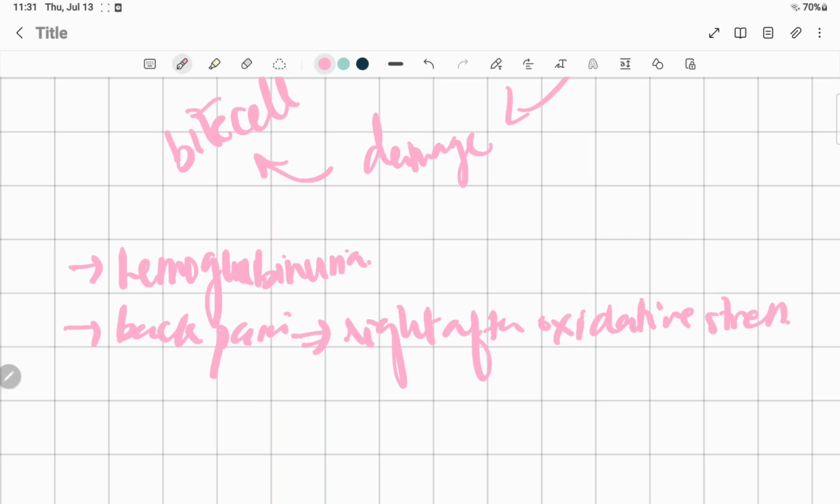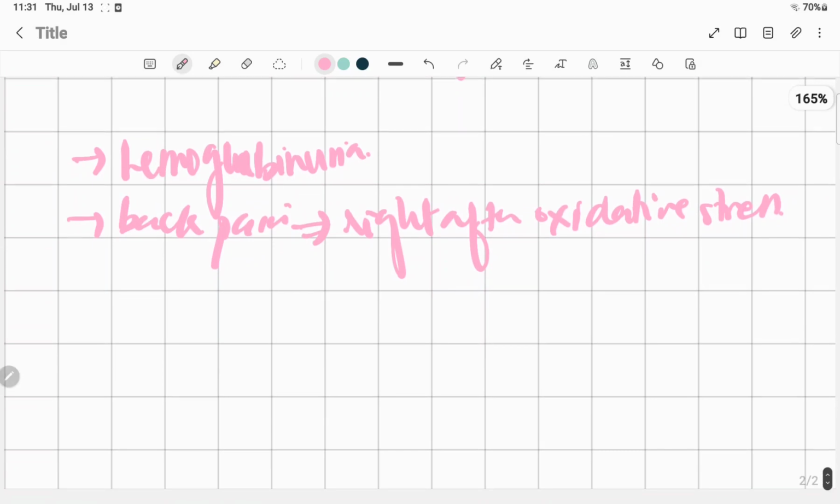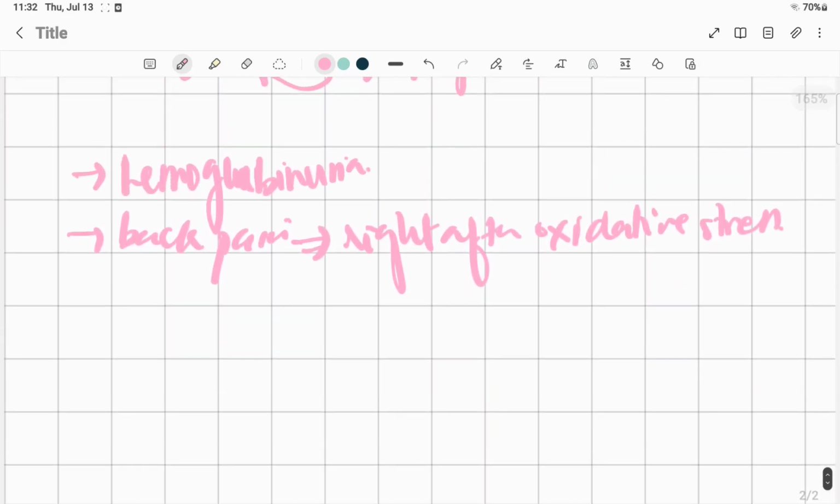Now, for tests or investigations, the one used to screen for this disease is called Heinz preparation.